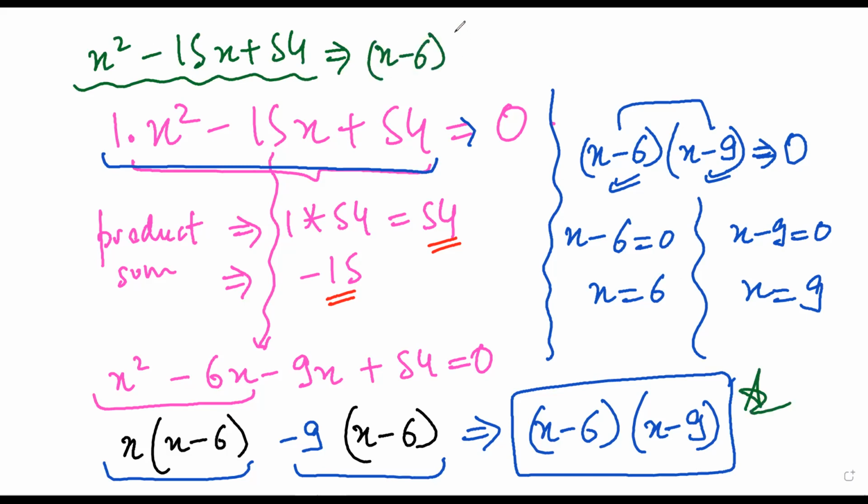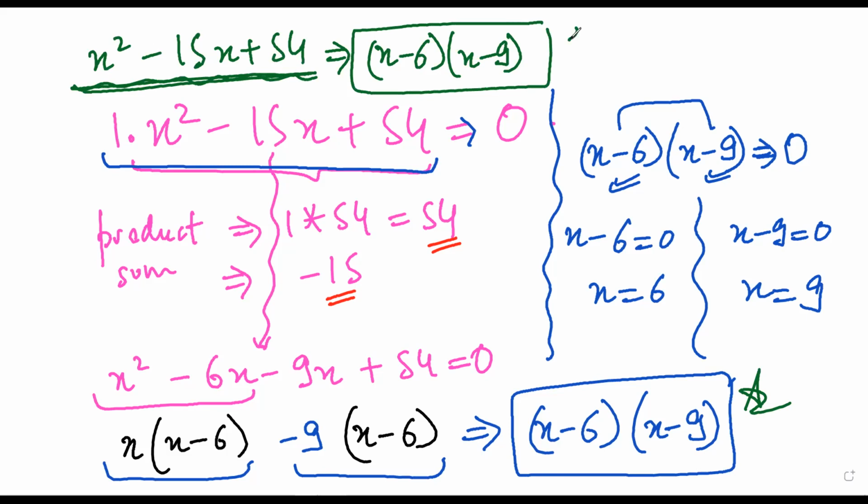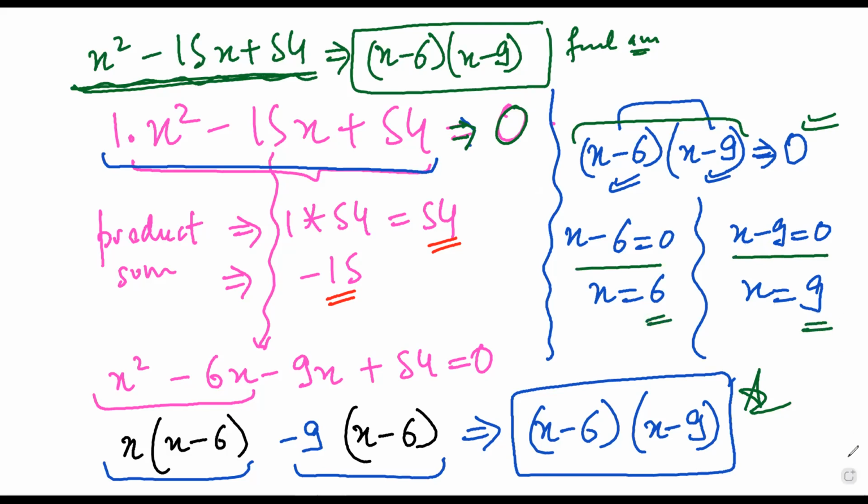If I have to just factorize the polynomial, then this would be my final answer. But if this is equal to 0, then the factors x minus 6 into x minus 9 would be equal to 0. And then we take one step extra, where we say that either this is equal to 0 or this is equal to 0. Therefore, x is equal to 6 or x is equal to 9. Any doubt? No.